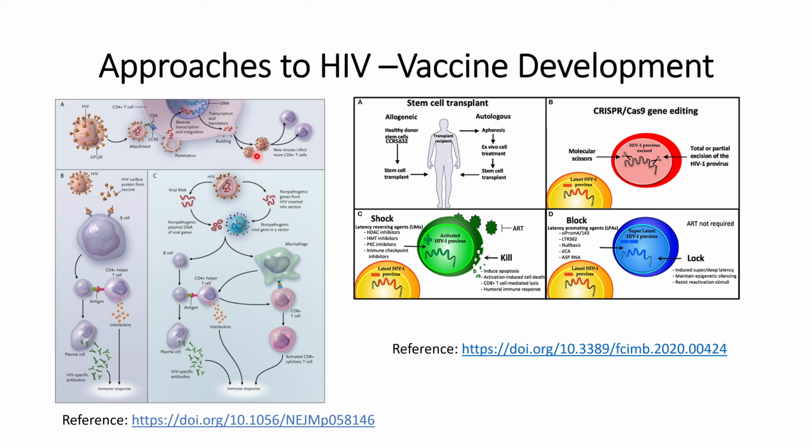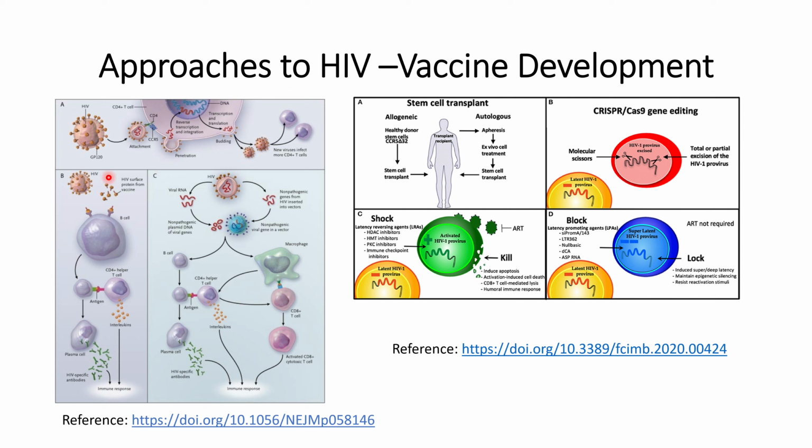And after it is translated and exits by exocytosis, this new virus can infect other CD4 plus and CCR5 co-receptor cells. And this is one of the approaches that has been presented here, how to make an HIV vaccine.